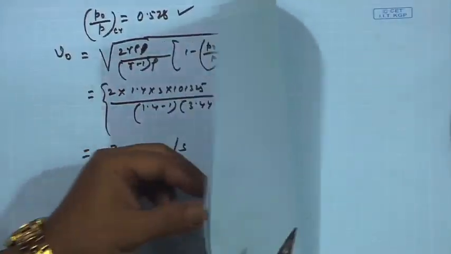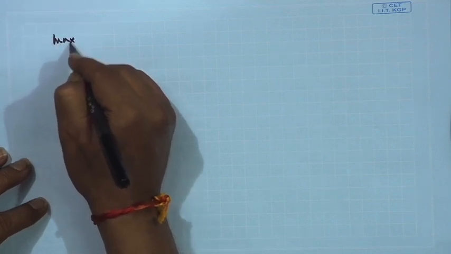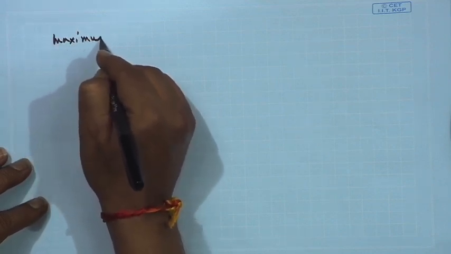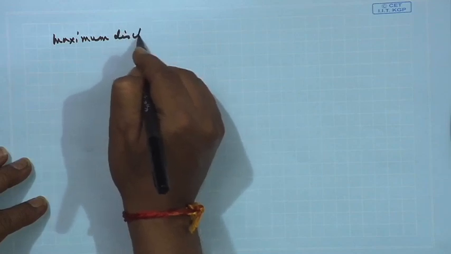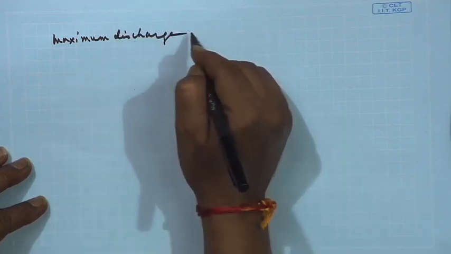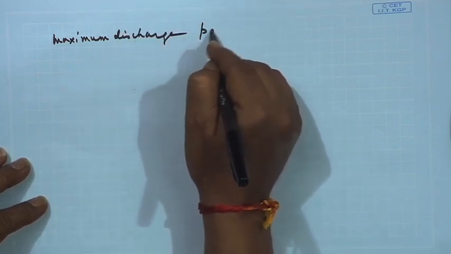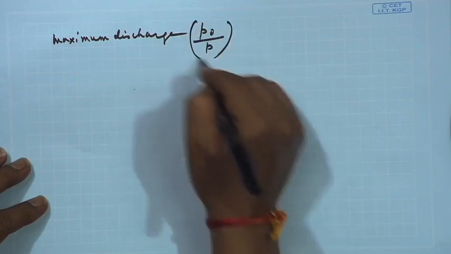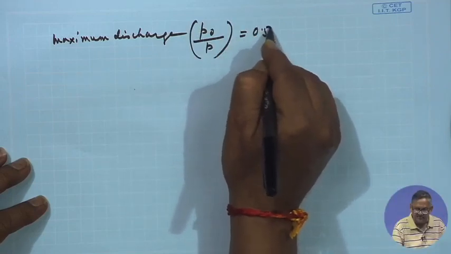So we can also write the maximum discharge corresponding to the critical pressure ratio, P0 by P equal to 0.528.